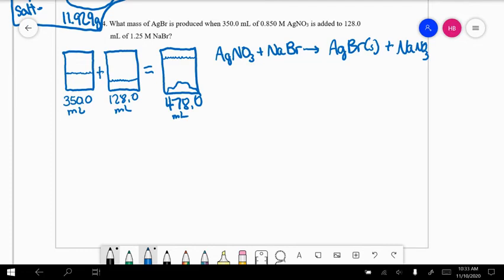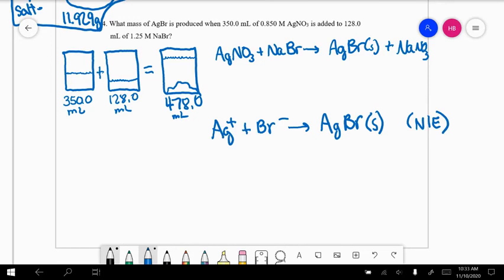Nitrate and sodium are spectator ions, so really what we have going on here is silver plus 1 ions finding bromide minus 1 ions and forming silver bromide. This is my net ionic equation, ignoring the spectator ions. So first, let's write what's going on here.